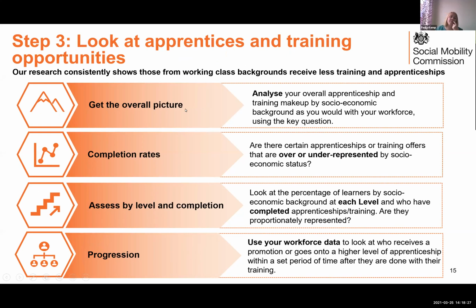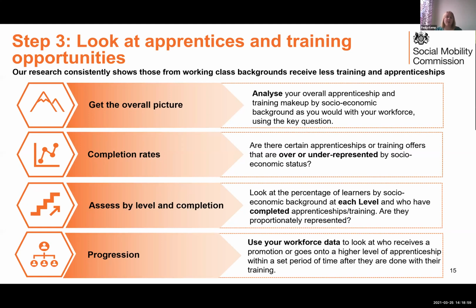And then look at the opportunities that you might have for apprenticeships and training. So what we found in our State of the Nation report in 2019 is that people from a lower socioeconomic background, 49% of those adults had not received any form of training or education since leaving school. And so therefore, what does the picture look like for the training opportunities for the people within your organisation?